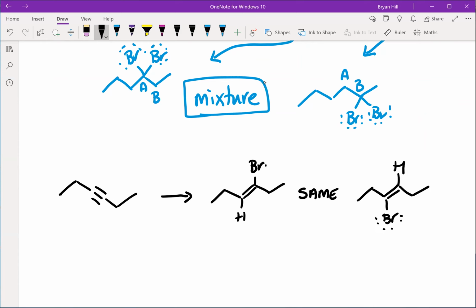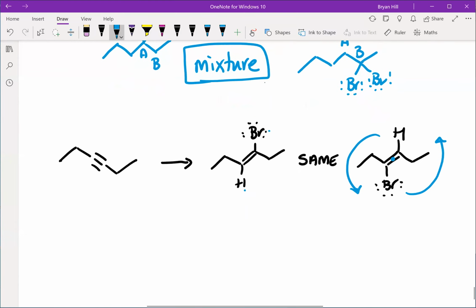They're just drawn from a different perspective. If you basically stick a nail right here in this molecule, and then you rotate it in this direction, this little middle bit stays in the same place. This bromine's going to come all the way around and end up here, and this proton's going to come all the way down and end up there. So it's the same molecule.